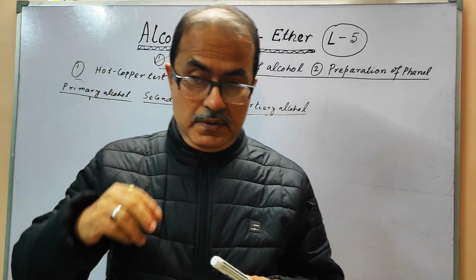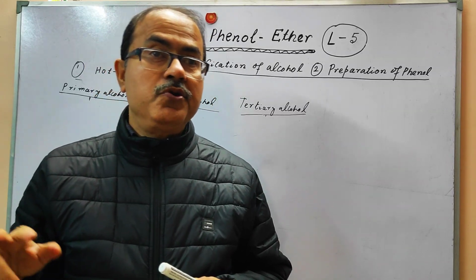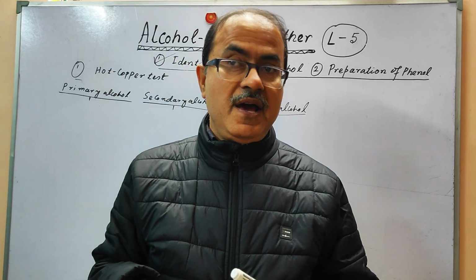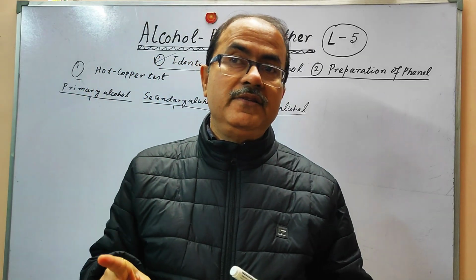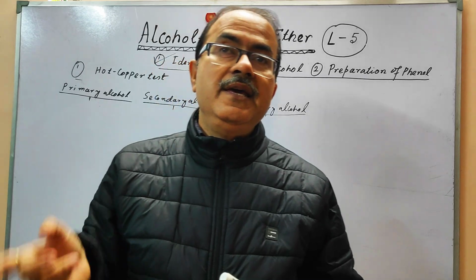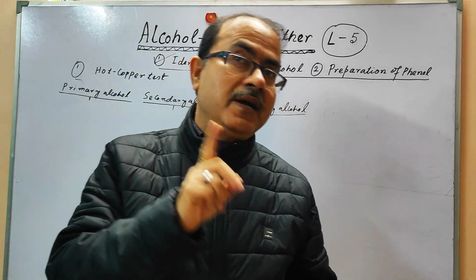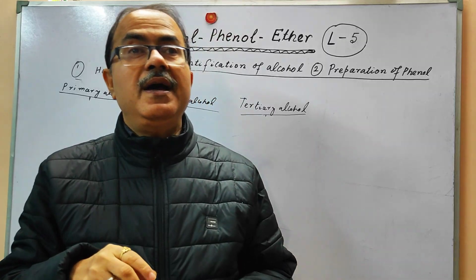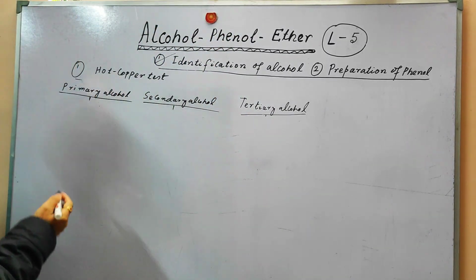Every alcohol will respond differently by producing different types of products. For example, primary alcohol gives an aldehyde, secondary alcohol gives a ketone, and tertiary alcohol gives an alkene. How this is formed, we are going to understand.